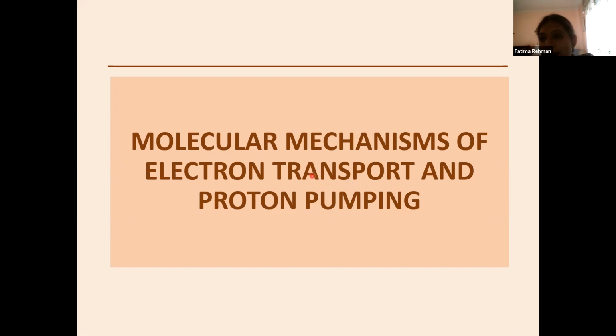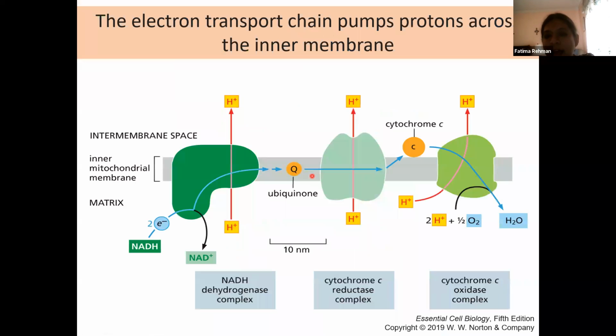So let's look now at the electron transport chain and how protons are pumped. For the electron transport chain, there are several proteins embedded in the inner mitochondrial membrane that are needed to create that gradient, to create that chain reaction where you finally get your ATP.